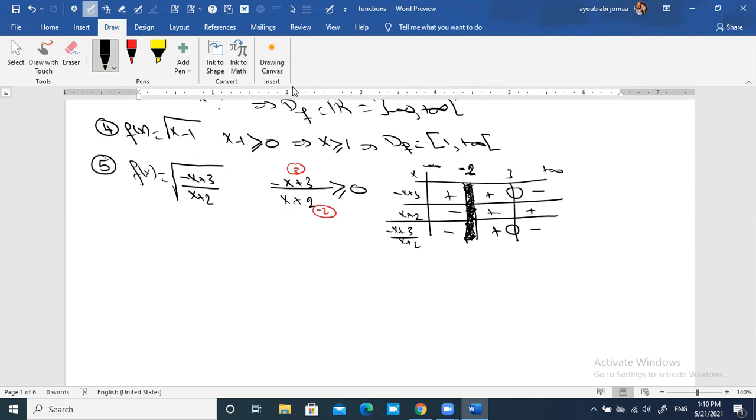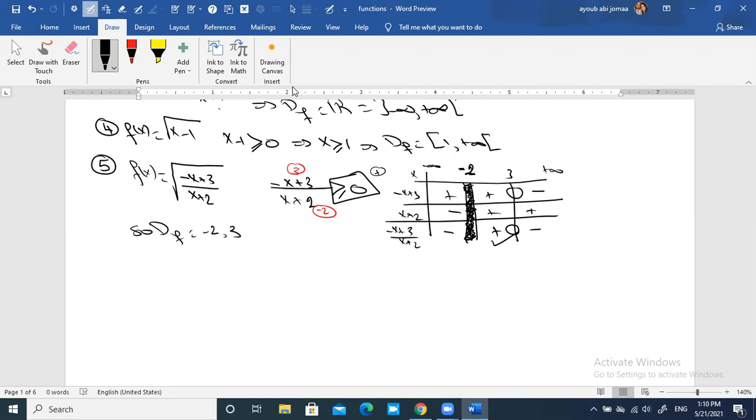Back to this. We want it greater than 0, so I want the positive part. Where is the positive? So the domain will be negative 2 to 3. Now where is it open and where is it closed?